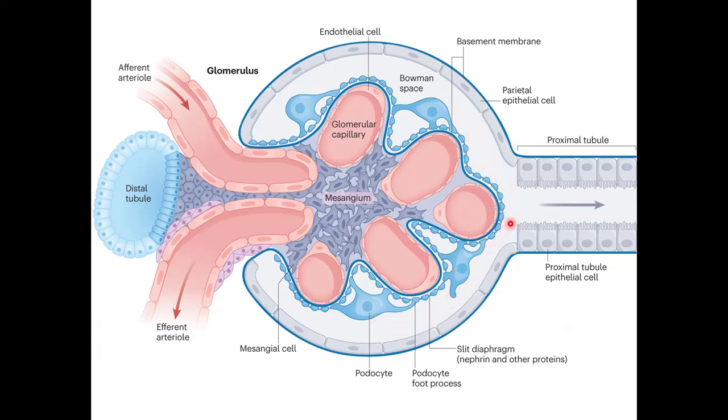Now, in this particular condition, we're saying there's damage to the basement membrane, this layer. Because when blood is brought to the glomerulus, diffusion occurs. Smaller molecules diffuse into the mesangium through the basement membrane and collect here. And that's what we call a filtrate.